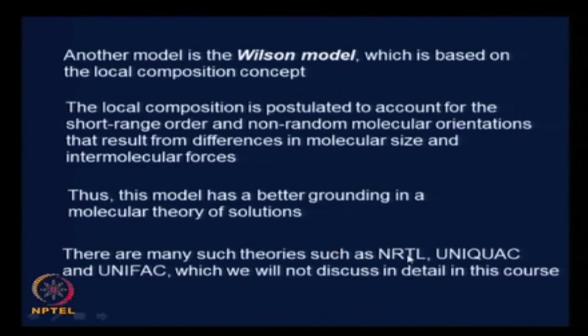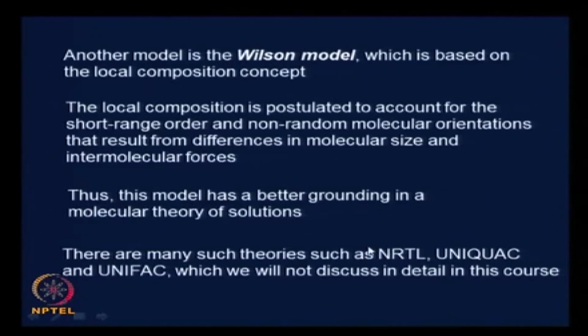Some of them are NRTL, UNIQUAC, UNIFAC, and many of these require computer programming to get at solutions. We will not get into the theories. I just wanted to mention them so that you will know the names when you come across them later, and you can easily pick them up once you know the basis, GE by RT and so on and so forth.